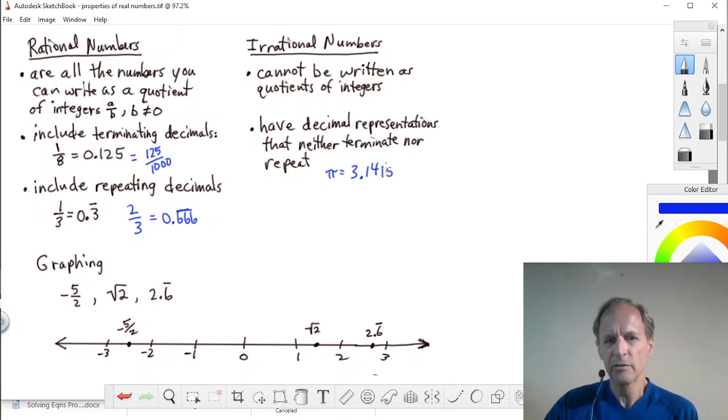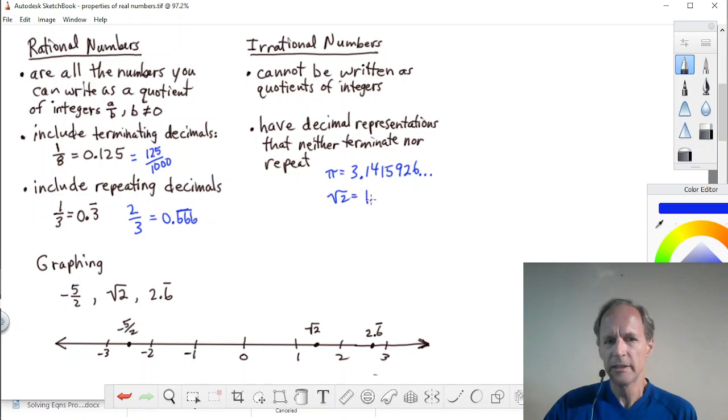I don't know a whole lot. 3.1415926. And then we write dots down here, meaning yeah, it keeps going. There's more and more digits. You keep writing digits, but it's never going to repeat.